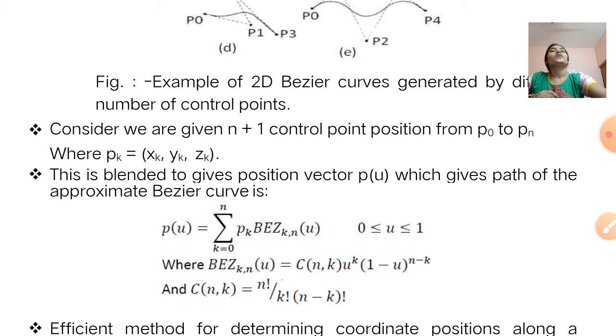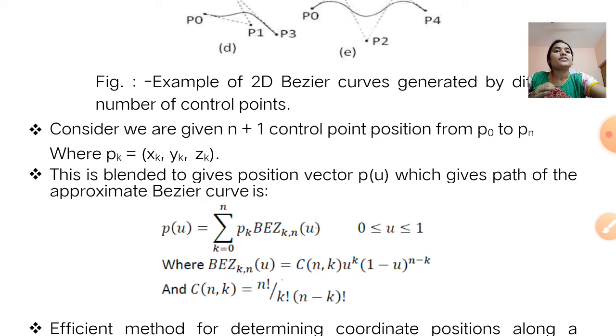Now consider we are given n plus 1 control point positions from P0 to Pn, where Pk equals (xk, yk, zk), a coordinate position.